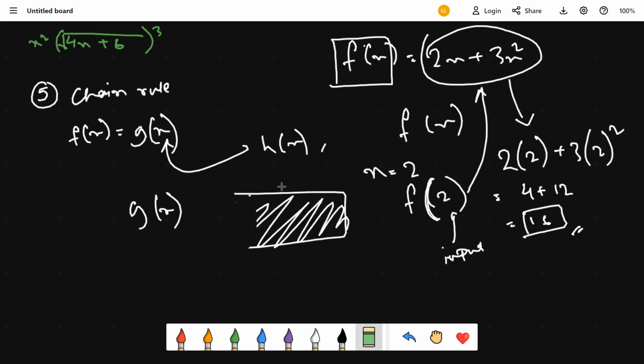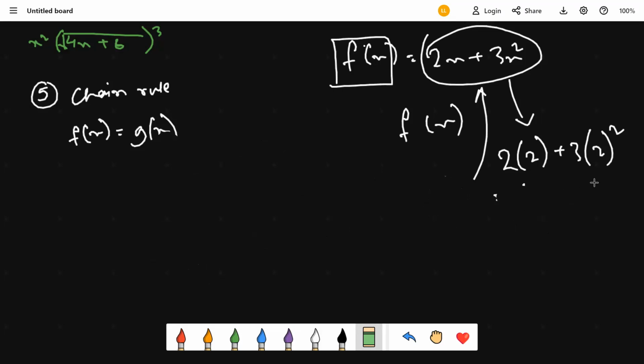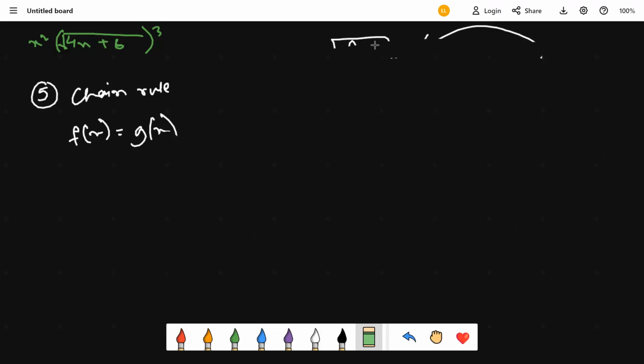Let's simply give an example. It will be easier if we consider two different expressions, because giving all as x becomes very difficult to handle. So instead of g of x, we have g of a.